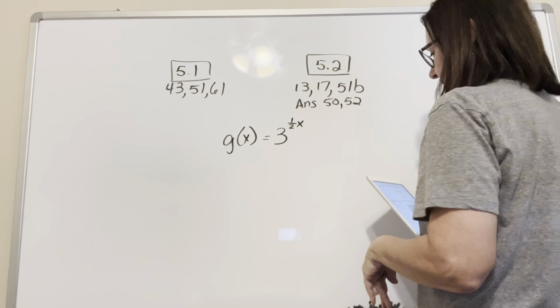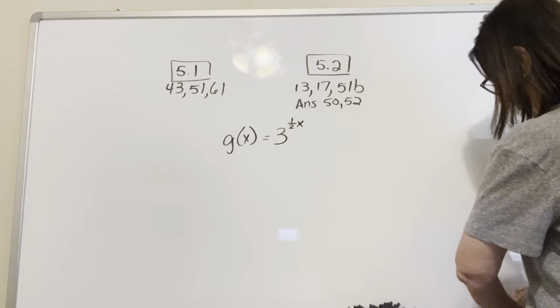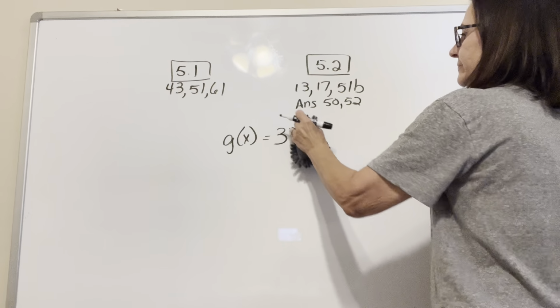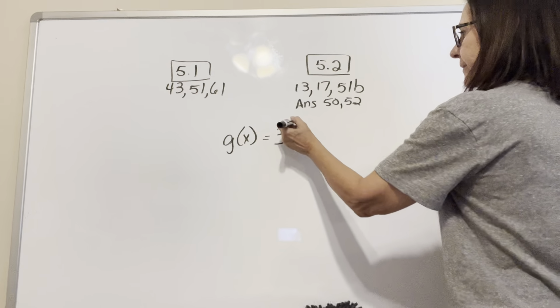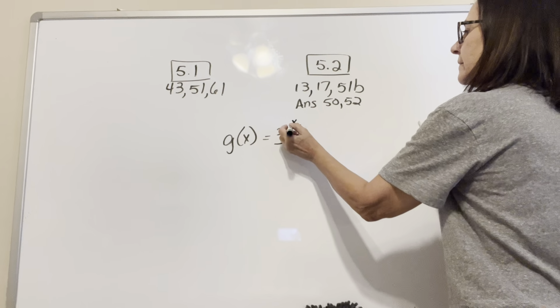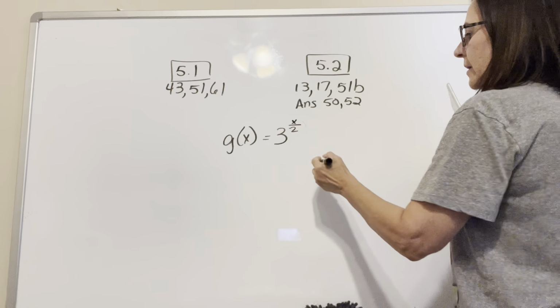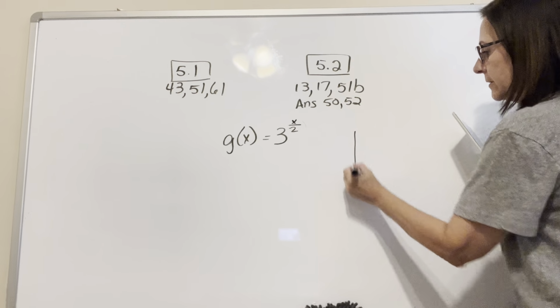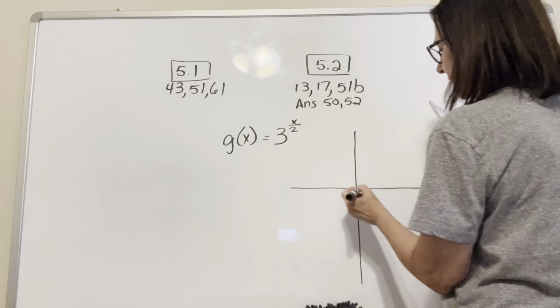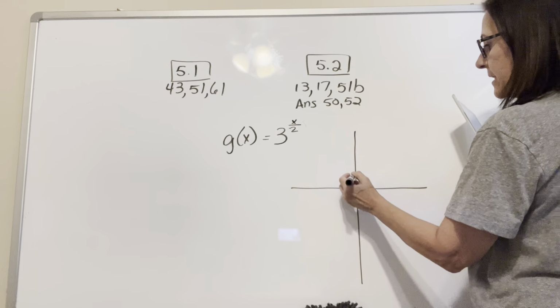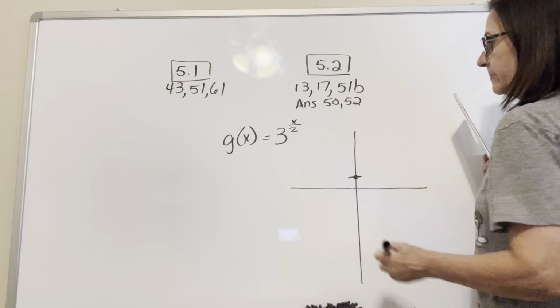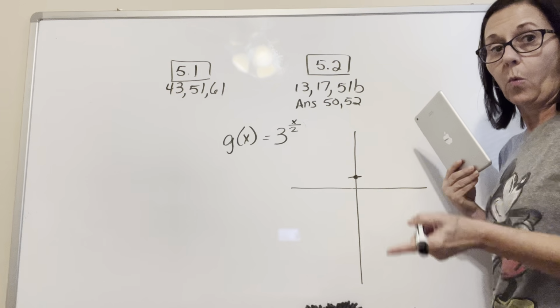I could have written it as x over 2. But just remember, that's going to be some sort of compression. Okay, so I know it hasn't been shifted left or right. So it's exponential. So it's going to go through 0, 1.